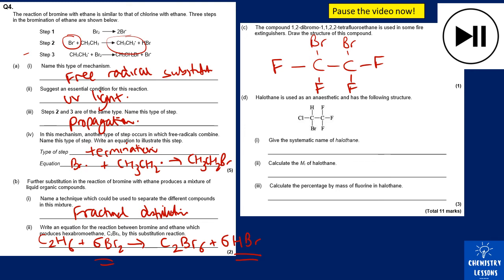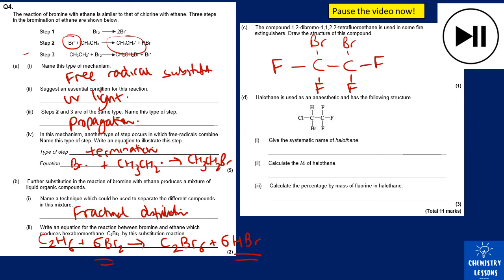Halothane is used as an anaesthetic and has the following structure. Give the name of this one. Okay, well this one is 2-bromo, 2-chloro, 1,1,1-trifluoroethane. Or you could have numbered it the other way around.